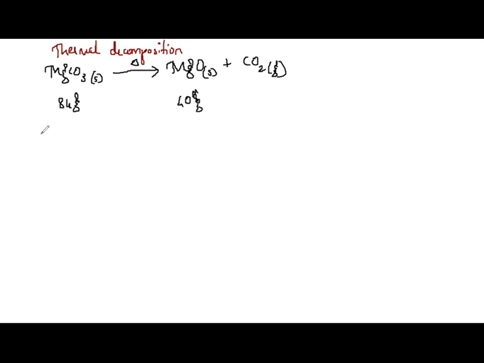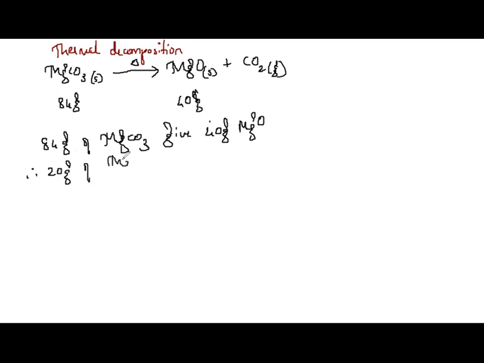Now the question asks about 20 grams of magnesium carbonate. 20 grams will give how much? 40 into 20 divided by 84, so 800 by 84, which is 9.52 grams of magnesium oxide.